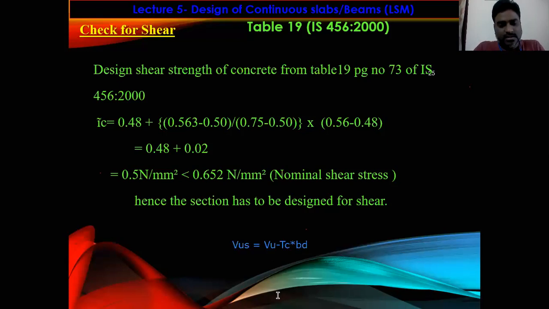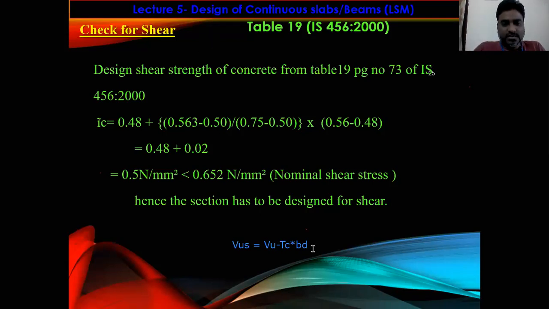Right. From this you need to calculate the values, that is tau c I got as 0.5 into b equal to 250 into d equal to 300. So I got it as 37.5.